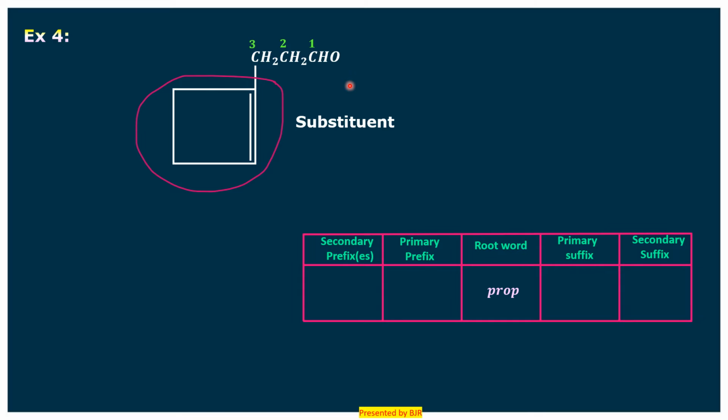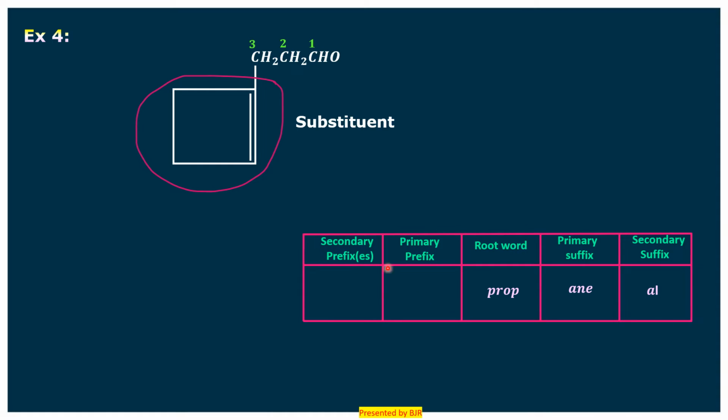At that time, irrespective of the number of carbon atoms present in the ring, it should be treated as the substituent only. So the parent chain contains 3 carbon atoms, so it is prop. Primary suffix, only carbon-carbon single bonds are there, so it is an. Secondary suffix, CHO means al, the aldehyde functional group, so the secondary suffix is al.